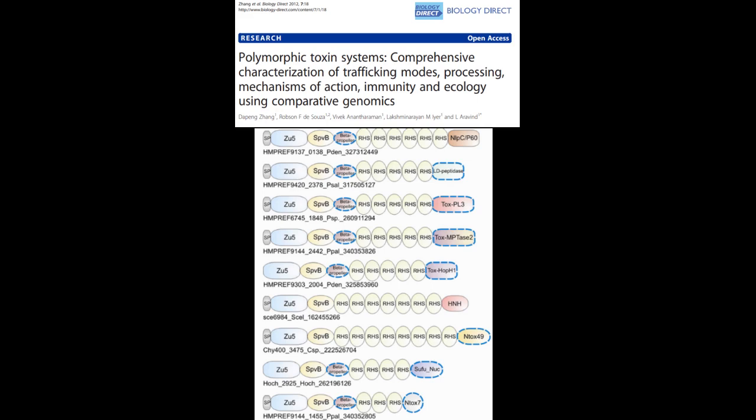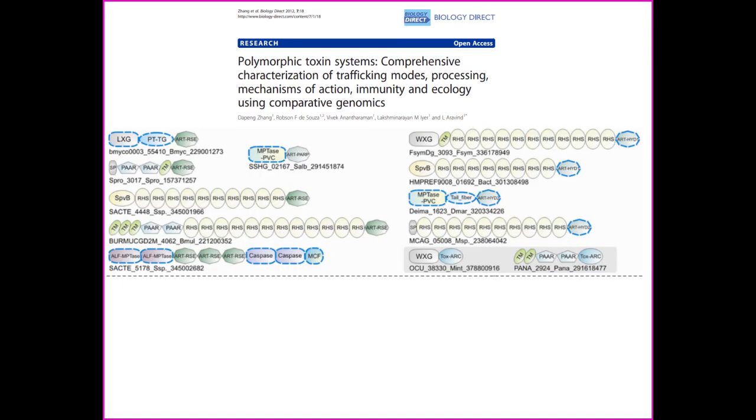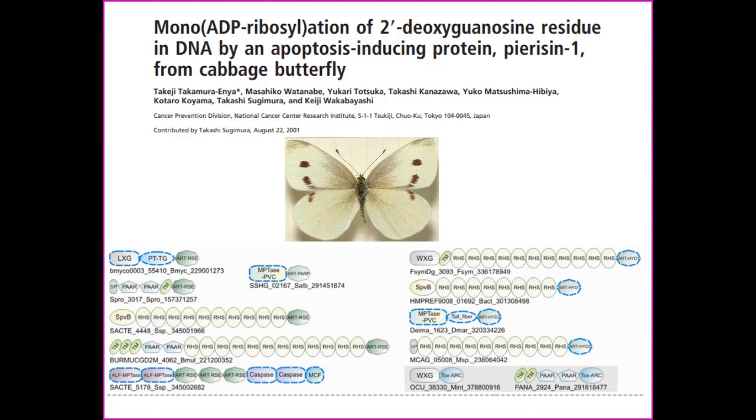And we could also trace the origins of these ADP ribosyl transferases, ARTs, of the CARP and pierisin-like families, which play a role similar to this apoptotic endonuclease, the CAD endonuclease, in certain insects and mollusks, like in some lepidopterans, in certain moths.